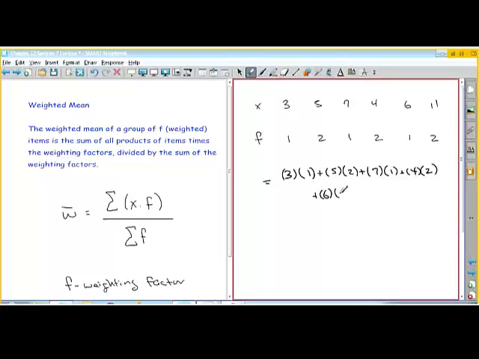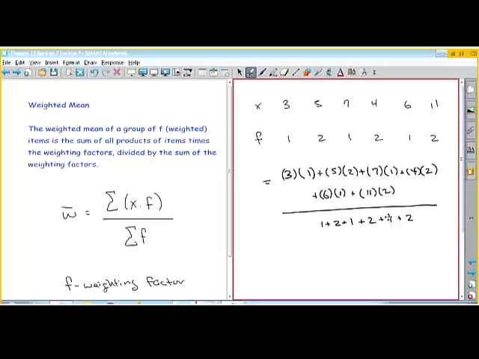And I ran out of space. I'm just going to keep going here. It's kind of a screwed up fraction, but you should. Okay, then we divide that sum of products by just adding the weighting factors together. So I think I did that right.